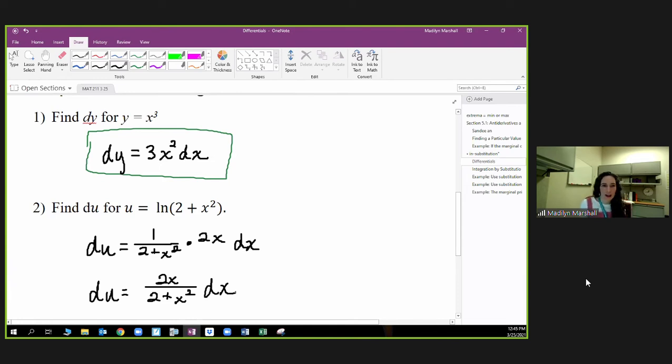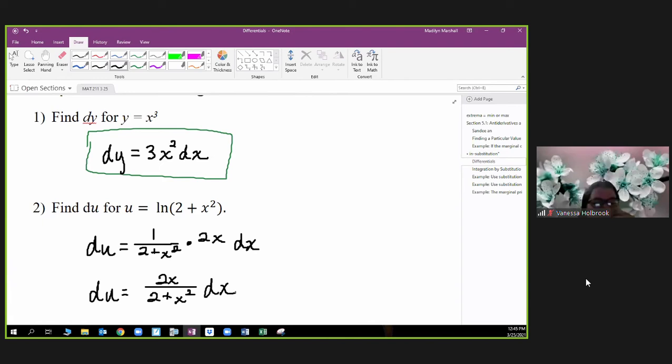And so we have our du. So derivative rules are exactly the same. It's just that little dx is on the other side.